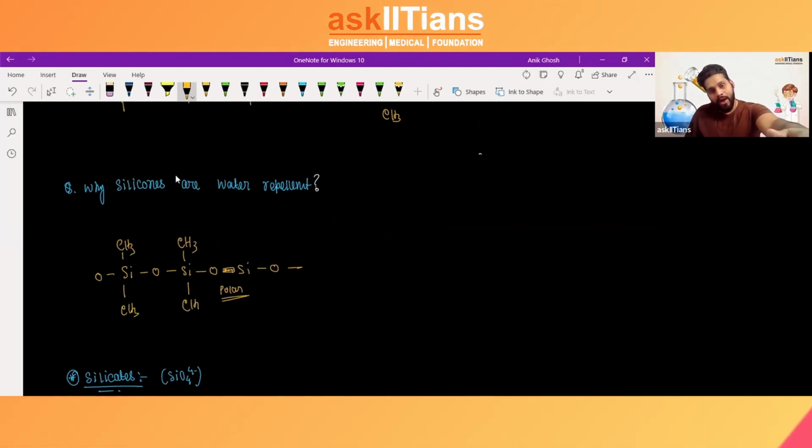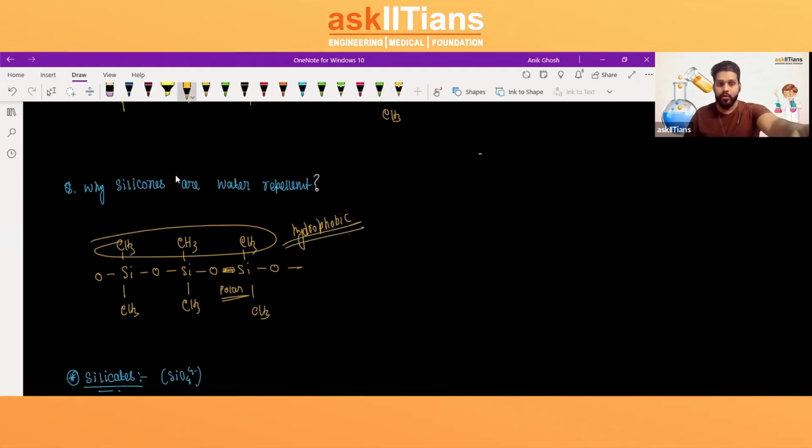So the point is water cannot reach the silicon-oxygen bond at all because this part is hydrophobic. Why is it hydrophobic, guys? Because it is organic. Why are organic compounds hydrophobic? Because they are non-polar. CH3 is not a polar bond, right? It's a non-polar bond. That's why it is hydrophobic.